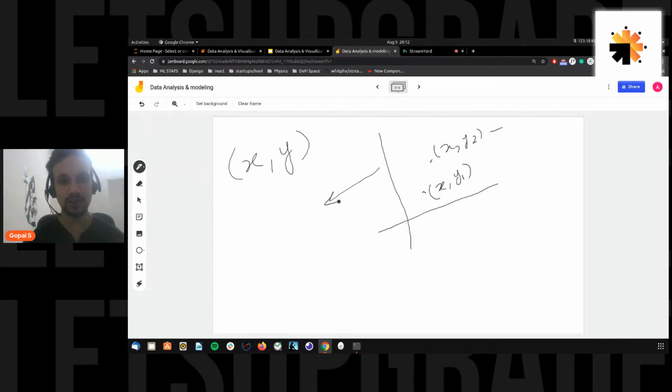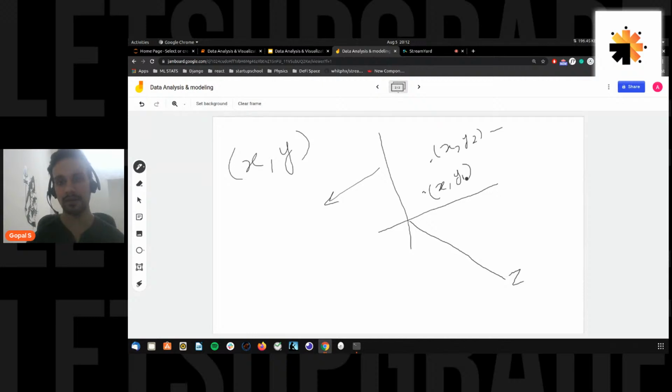So scattering of your data is nothing but scattering of xy coordinates over a Cartesian plane, or an xy plane. When it is a 2D plane, obviously it's an xy plane, but when it becomes 3D, we get an extra dimension, which is the z-axis. So the moment you plot a scatter plot over a 3D plane, you get an extra axis, which is your z.